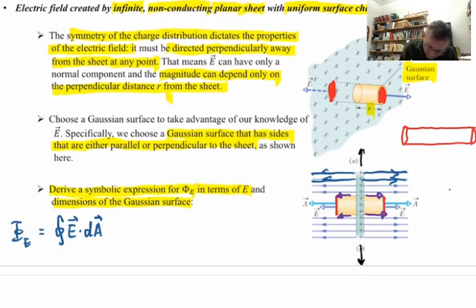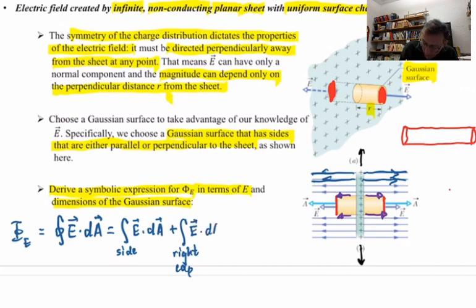That makes sense? So you want to break this up into two parts. E dot dA over the curved side, plus E dot dA over the right cap, and E dot dA over the left cap.